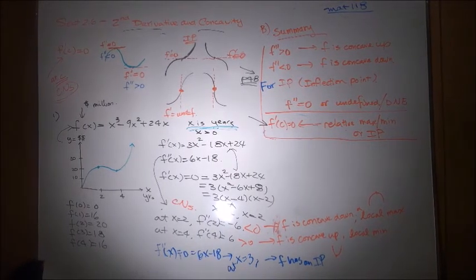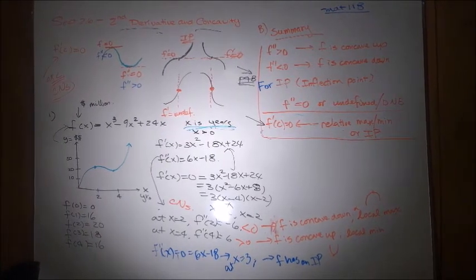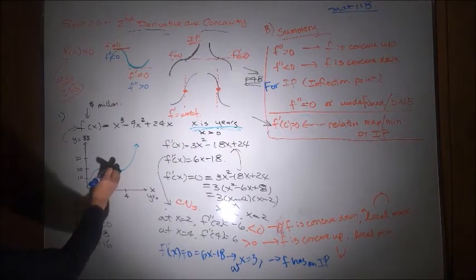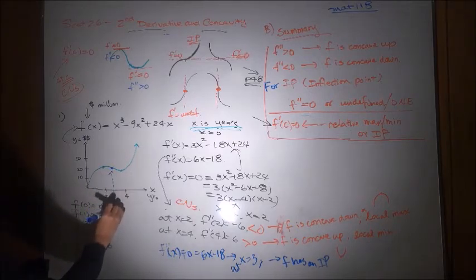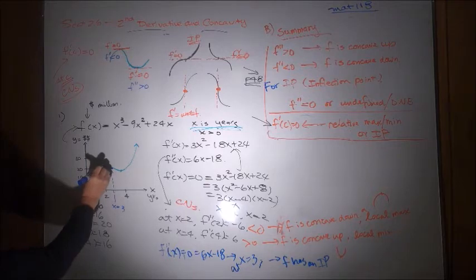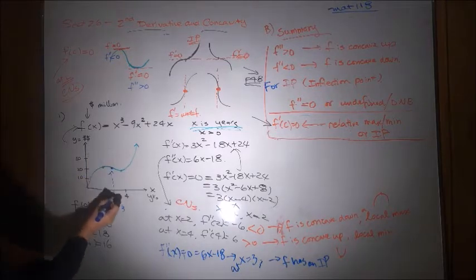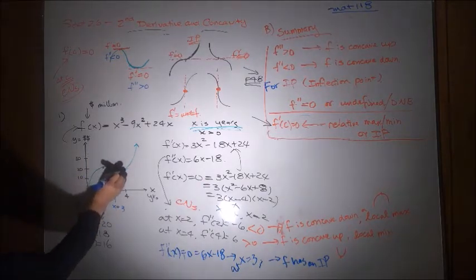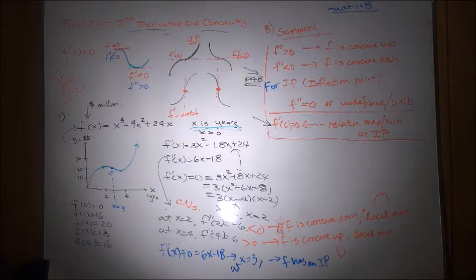So it's saying at this point of time, when x is 3, at year 3, an inflection point means what? It's changing from concave down to concave up, right?